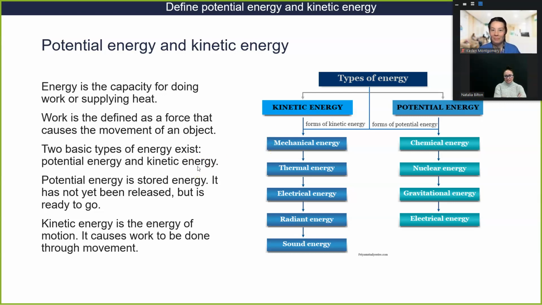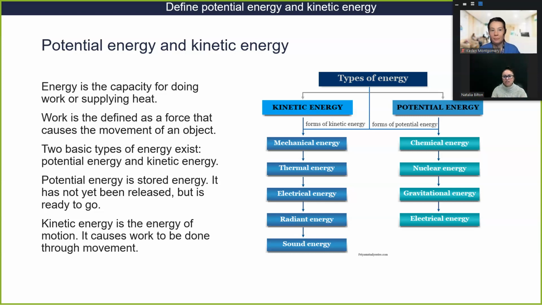Let's think about energy. The word energy in physics means doing work, so making things move, or making heat. Work in physics means that there's force, so an object is moving. That is work.